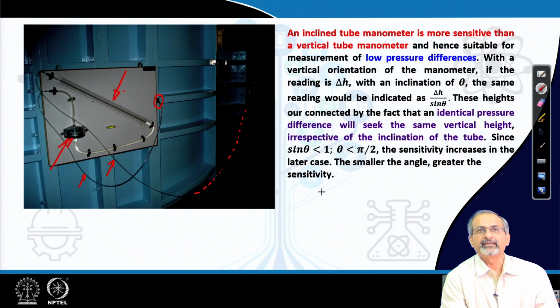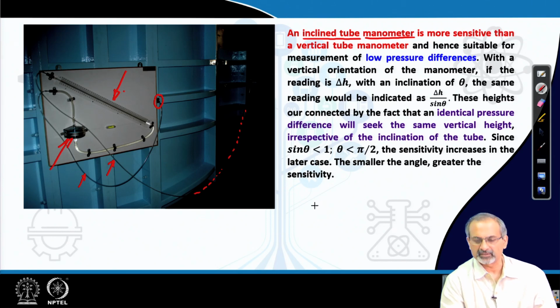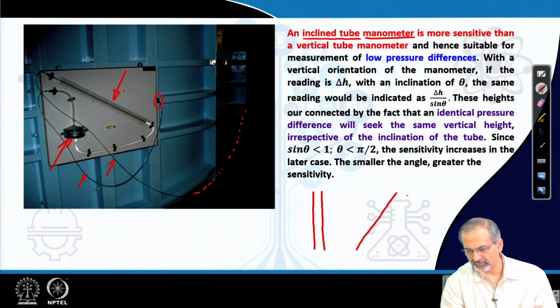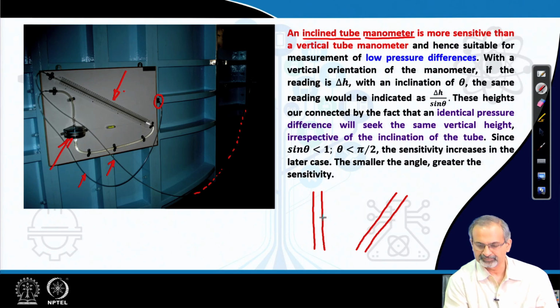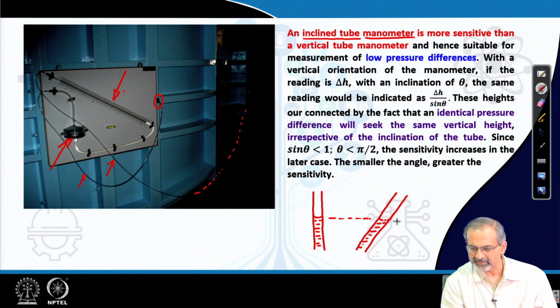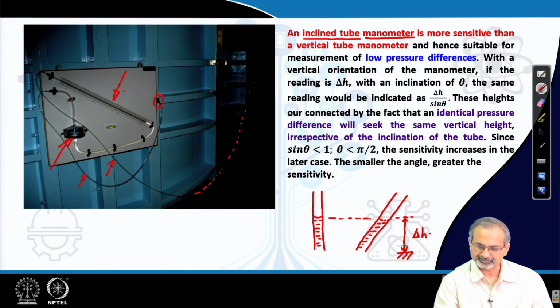Why do we say that it is going to make it more sensitive when we discuss the inclined tube manometer? In one situation you may have the manometer like this, in another situation once you tilt it, it may become like this. If it is the same pressure that you are feeding to the two tubes, the liquid will essentially rise to the same height. So, if this is your datum, then the delta H in the vertical sense will be identical for both cases.